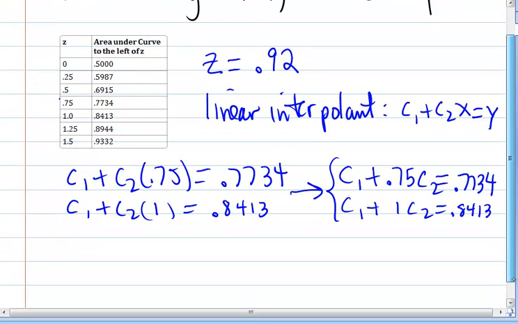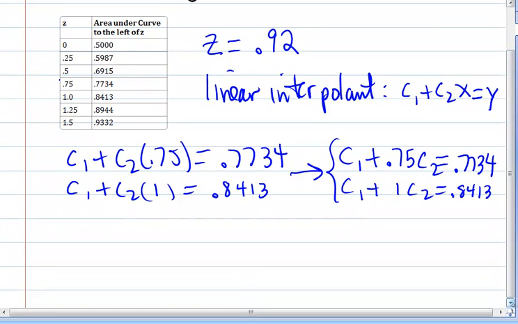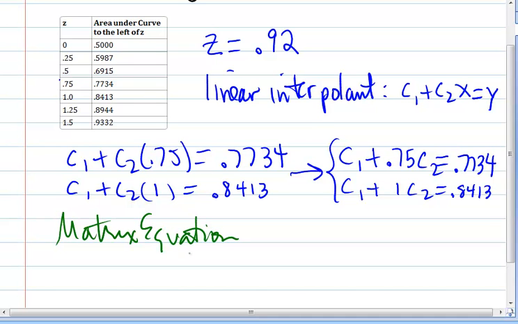I can solve this system using Gaussian elimination, that would be one method, or using a matrix equation. And that's the method that I want to use here, matrix equation. I have the matrix of coefficients, 1 and 0.75 in the first row, and c1, c2 are my unknowns.